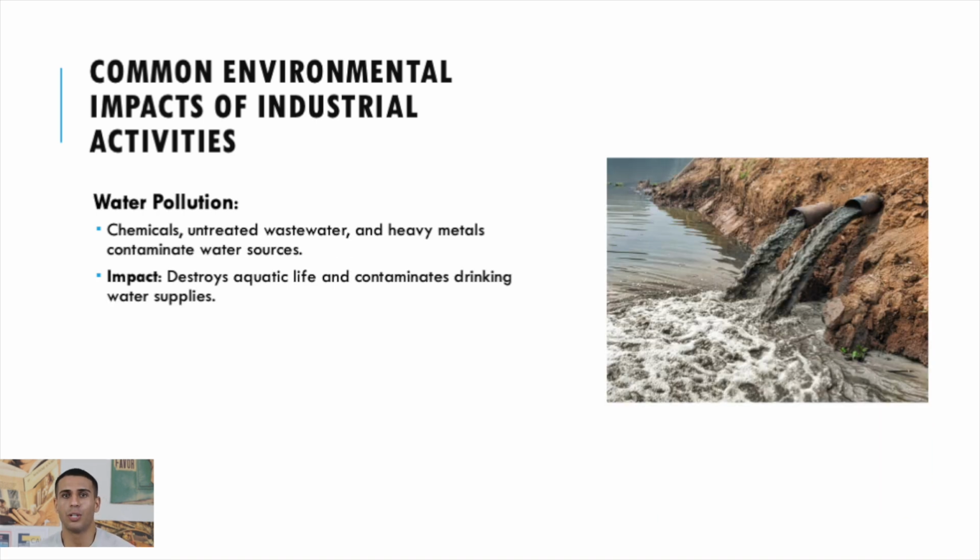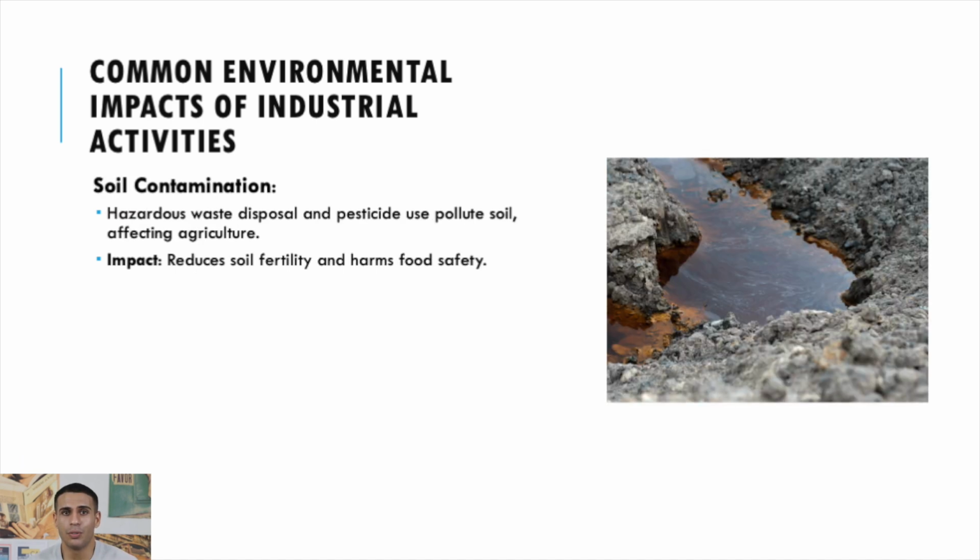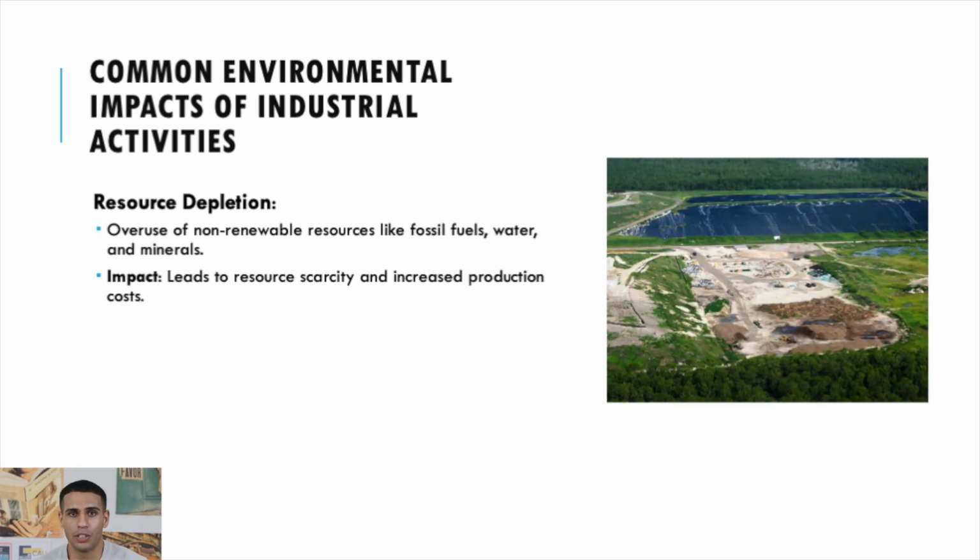2. Water pollution. Industrial waste, heavy metals, and untreated wastewater contaminate our rivers and oceans, harming aquatic life and contaminating water supplies. 3. Soil contamination. The improper disposal of hazardous waste and the use of pesticides damage soil, impacting agriculture and food safety. 4. Resource depletion.